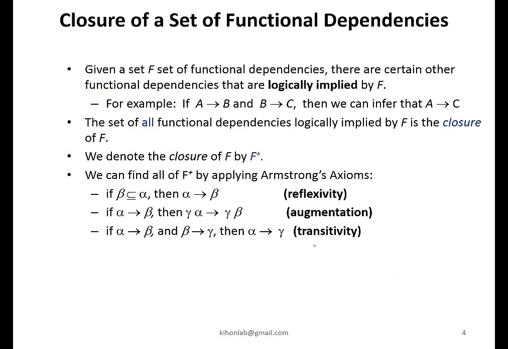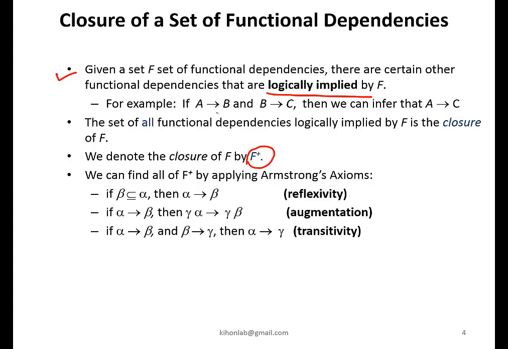Here we can have the proper definition of closure of a set of functional dependencies. Given a set F of functional dependencies, there are certain other functional dependencies that are logically implied by F. F stands for functional dependencies and F closure stands for the closure set of the functional dependencies.